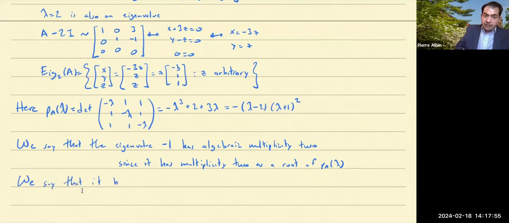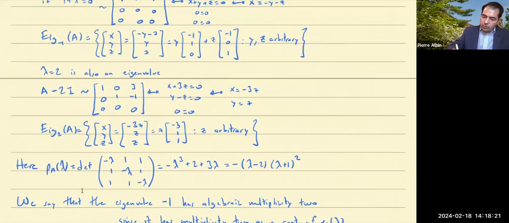We say that it has geometric multiplicity 2, since the eigenspace, eig minus 1 of A, is two-dimensional. Right?